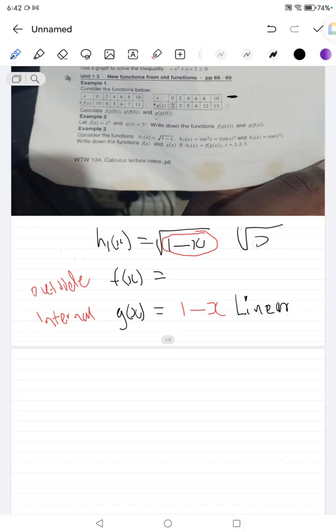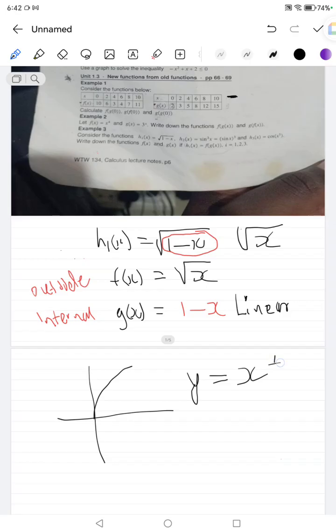You're basically left with your square root of x. You know that this is going to be the external or outside one. You've also done a graph that looks like this, and we've said this is the same as y equals x to the exponent 1 over 2. So definitely this is a power function.